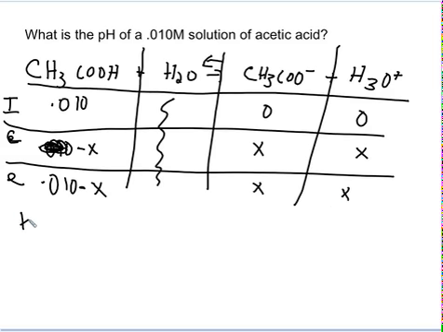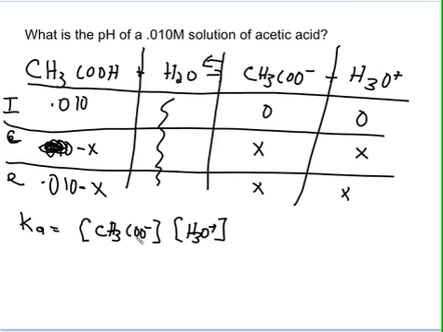Now we can write the expression. Since this is an acid, Ka is going to equal CH3COO minus times the H3O plus divided by CH3COOH. Plugging in the numbers, first you're going to have to be given the Ka of acetic acid, and it's a pretty small number because it's a weak acid.